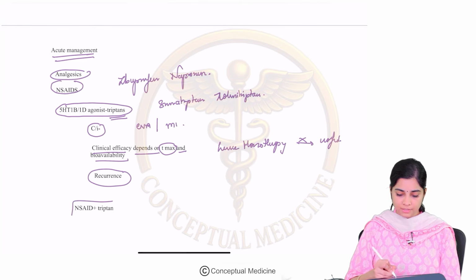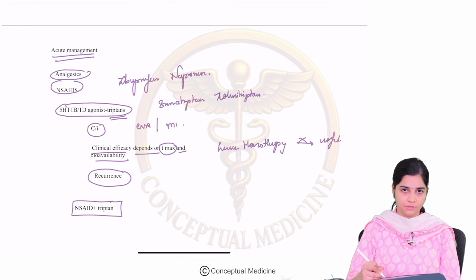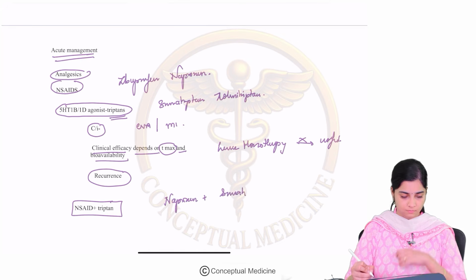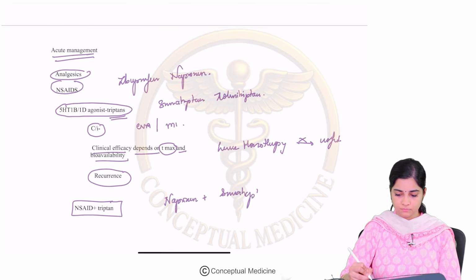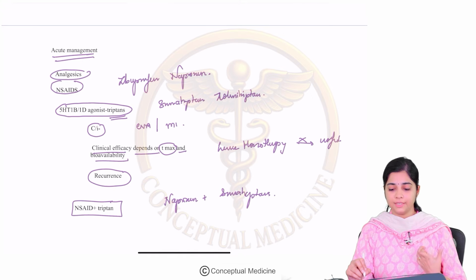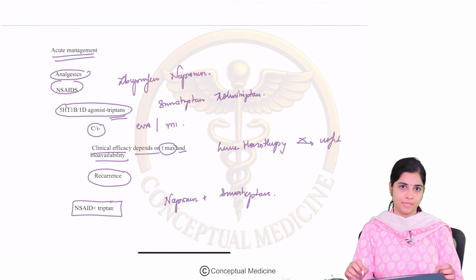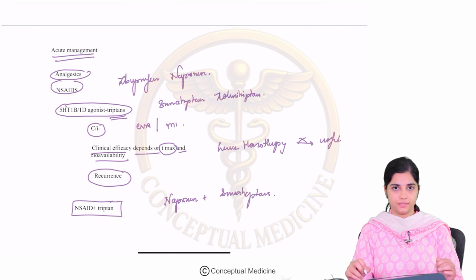So the management of an acute attack of migraine should be with an NSAID and a triptan, the combination of naproxen with sumatriptan.